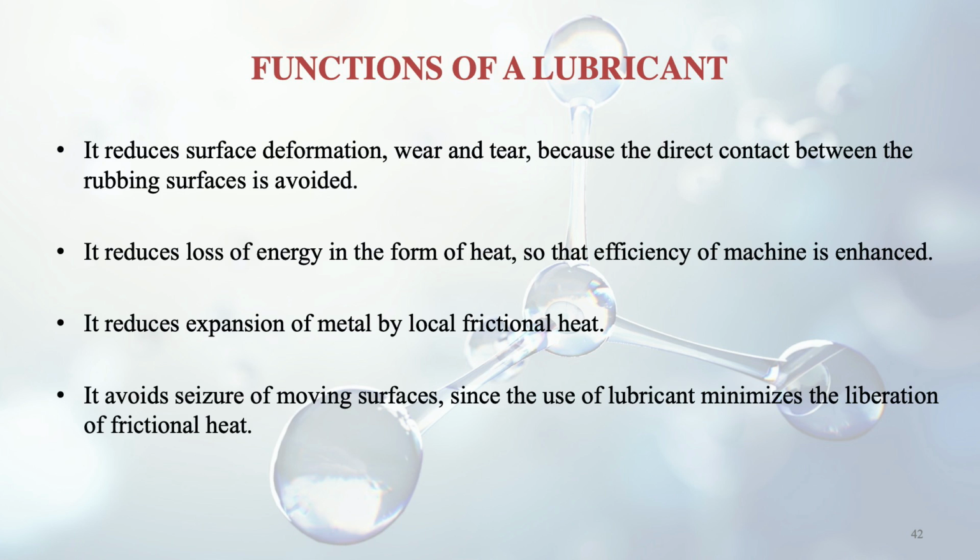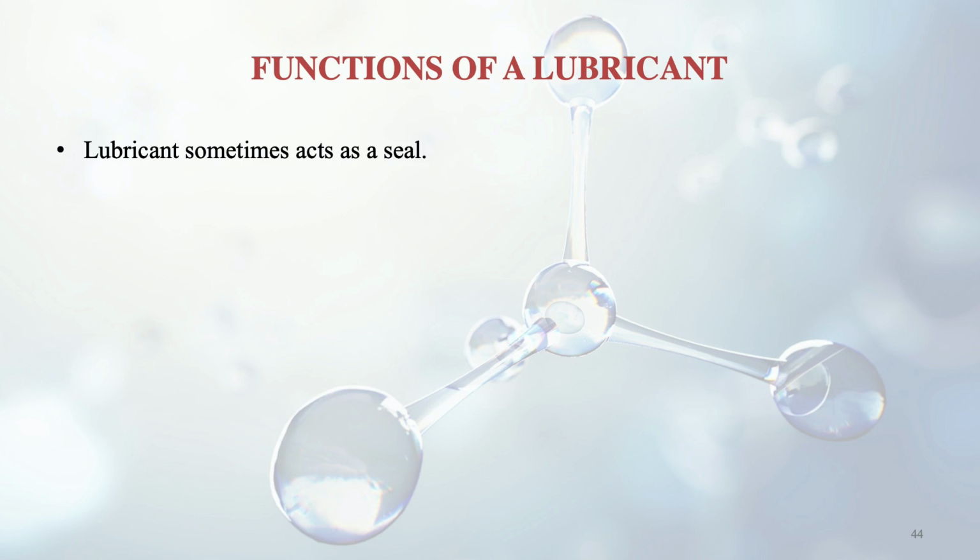So this is prevented by the use of a lubricant. And maintenance and running costs, obviously if energy loss is less, then the costs are reduced for maintenance and running. And lubricant also acts sometimes as a seal, meaning it will seal a gap so that there is no leakage.